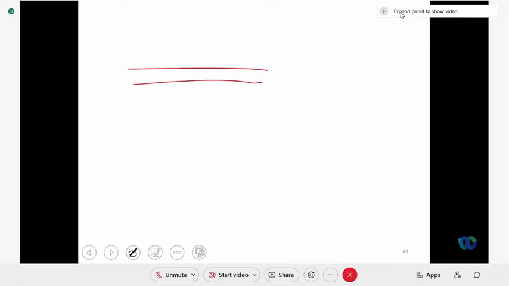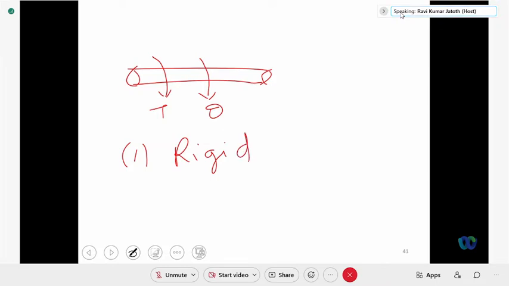Now let us take a case. There is a shaft. When you apply torque on this shaft, there will be angular displacement theta. The shaft can be rigid or soft.